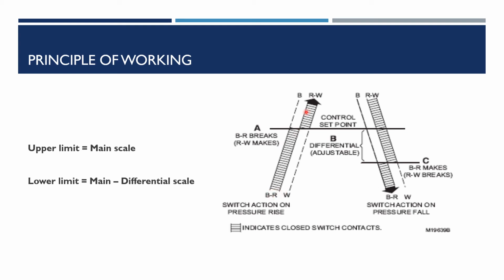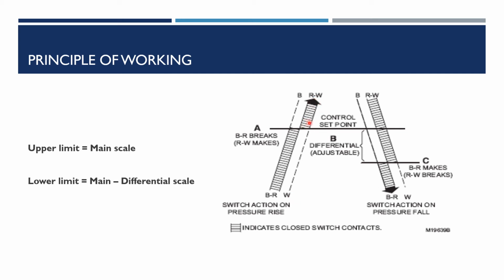Looking at this picture, this side is considered normally closed, and this side is considered normally open. If you start to connect your circuit with normally closed, it stays closed until you reach the upper limit, the one you set in the main scale. Once you reach the upper limit, it's going to be open, and the one you connected with the lower limit is going to be closed.